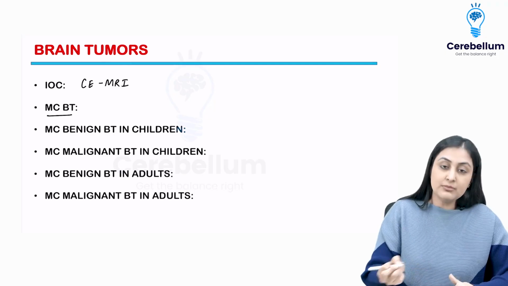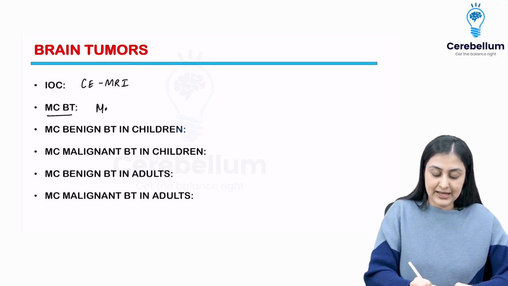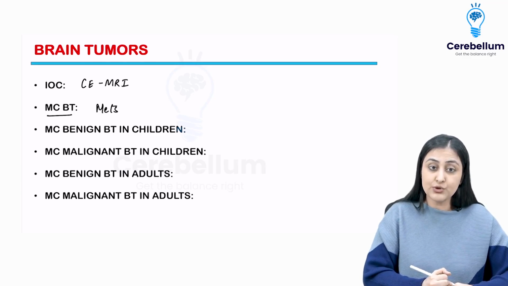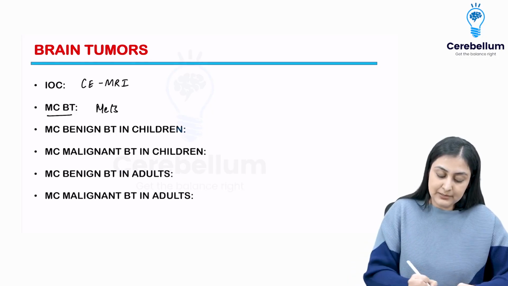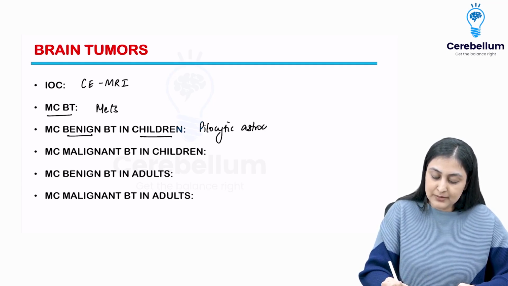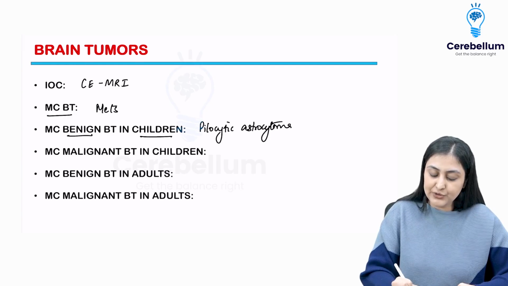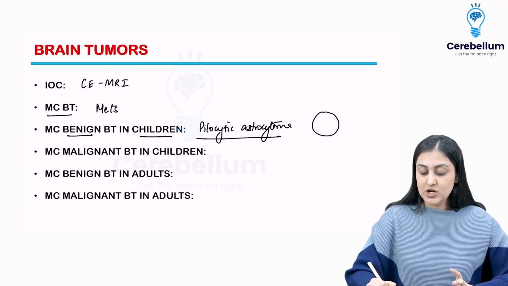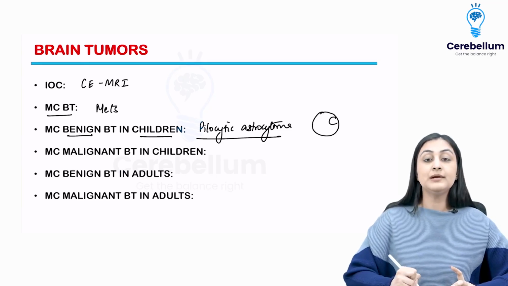Overall, the most common brain tumor, like always, is metastasis or secondaries. When we talk about primary brain tumors, the most common benign one in children is pilocytic astrocytoma. So this is a grade 1 tumor, occurs in the cerebellum, and here you would have a cyst with a mural nodule.